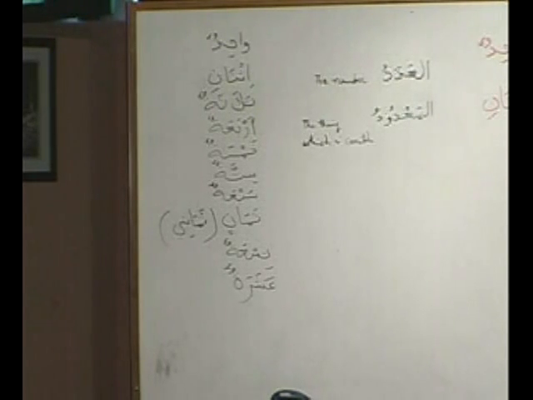Is it Hamzatul Qata or Hamzatul Wasal? It is Hamzatul Wasal. We have to take note of it. In Ithnani, the Hamza is Hamzatul Wasal. If it comes in the beginning, it is pronounced. If it doesn't come in the beginning, then it is assimilated. Are you with me? We have to remember that.